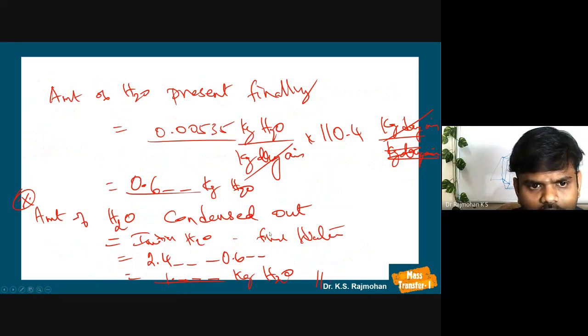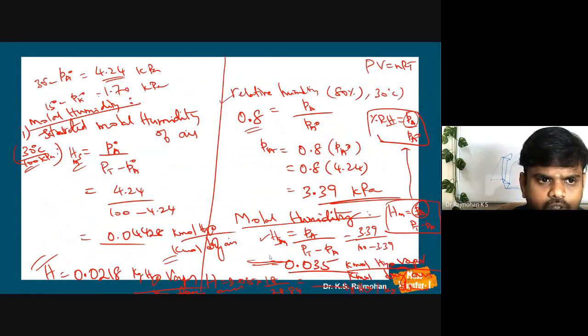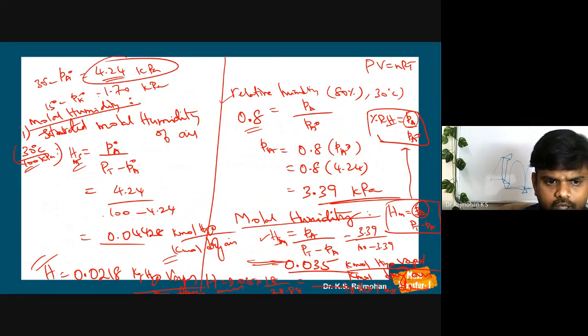Okay, I'll explain totally what we have done in this problem. We initially had air at 30 degrees Celsius and 100 kilopascal, and it was compressed to 15 degrees Celsius and 200 kilopascal. Meanwhile some amount of water is condensed out. First we calculated the saturated molar humidity, because the vapor pressure given is 4.24 at 30 degrees Celsius, and converted that to kg.